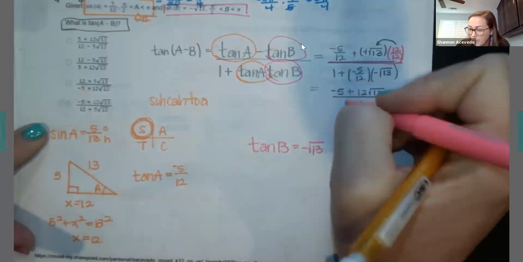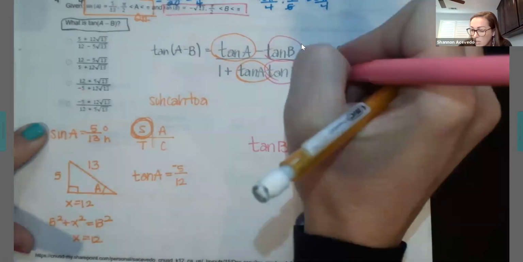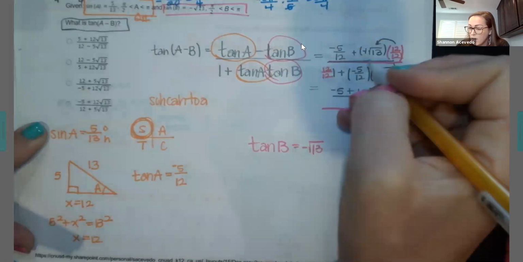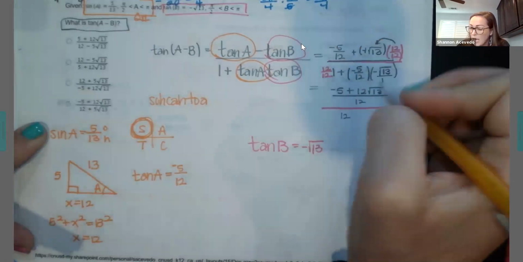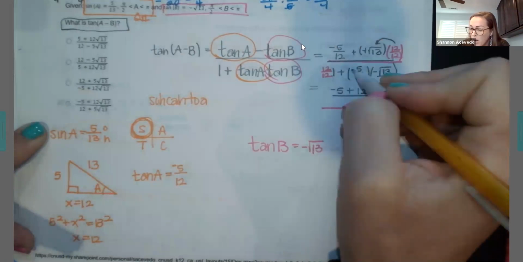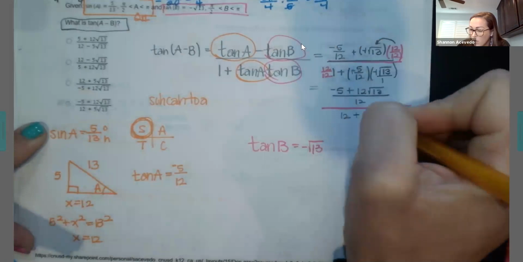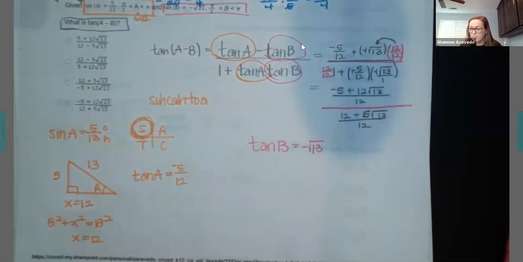Divided by, same idea here, I'm going to get a common denominator by multiplying by 12 over 12. I'm multiplying these together, so it's going to be 12, and a negative and a negative makes a positive, so plus 5 square root of 13, all over 12.